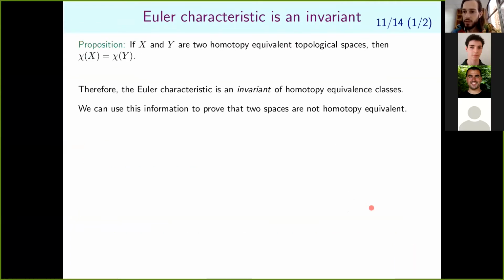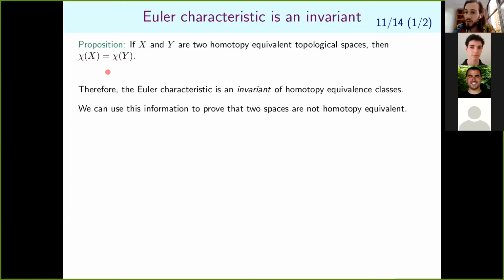I have a last thing to say, also something that we won't be able to prove. If I have two topological spaces X and Y that are homotopy equivalent, then they have the same Euler characteristic. Okay?